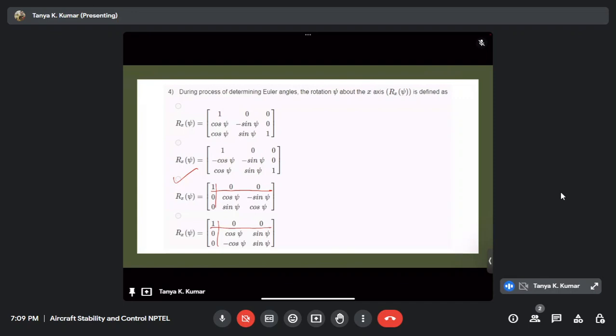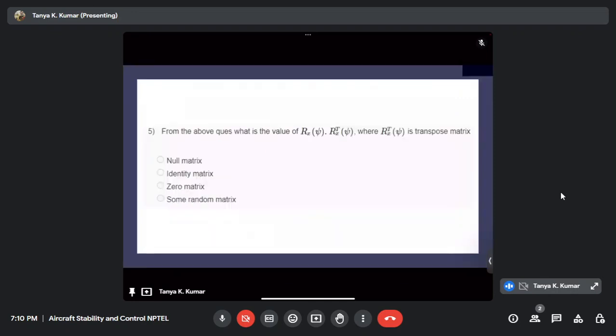Did you multiply the rotation matrices? What is the value that you're getting when you multiply with its transpose? You're getting an identity matrix, right? So this is the property of all rotation matrices: the matrix into its transpose will be an identity matrix. Okay, now let's move on.